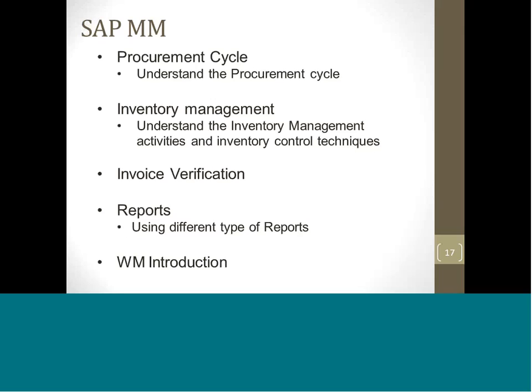Like the sales people who manufacture one car, they check whether sufficient raw materials are available or not. When that is not there, that's the need for a material. So that need is first captured, and that need is known as the purchase requisition in SAP terminology.